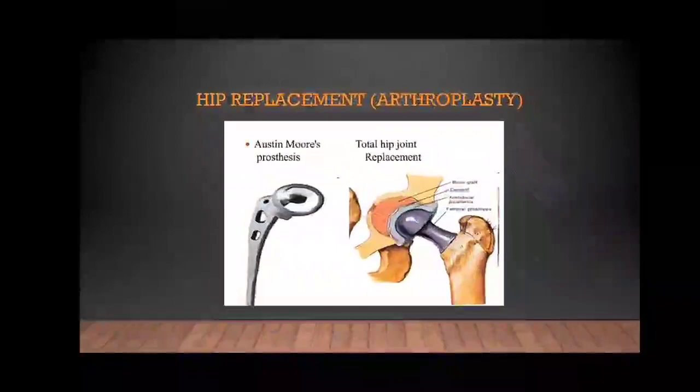In this we have a bipolar hip replacement, which is a hemiarthroplasty, where the most common implant used is Austin Moore's prosthesis. The other is the total hip replacement, where we also assess the acetabulum and then replace the acetabulum as well as the femoral neck with a hip prosthesis.